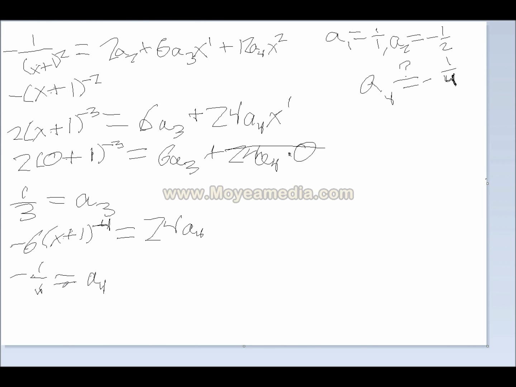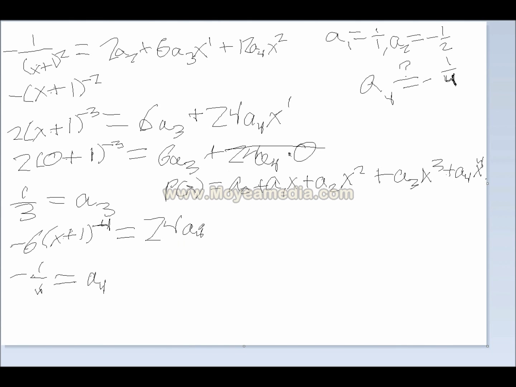Now let's take a look at what this Taylor polynomial actually looks like. If you remember our original equation, it was p of x equals a sub 0 plus a sub 1 x plus a sub 2 x squared plus a sub 3 x cubed plus a sub 4 x to the 4th. Well, let's try plugging in these values.